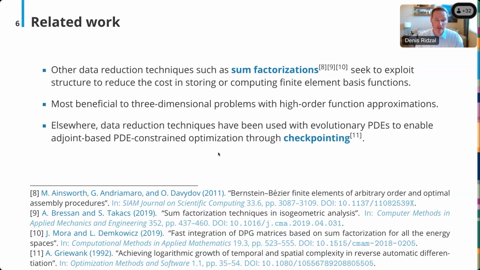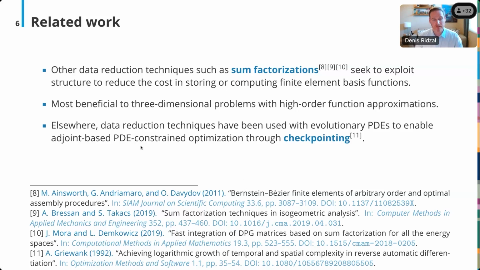And there are several examples of uses of those factorizations, such as in Bernstein-Bézier, then isogeometric analysis, and then more recently in discontinuous Petrov-Galerkin methods. And so they are quite successful for 3D problems with very high order function approximation.